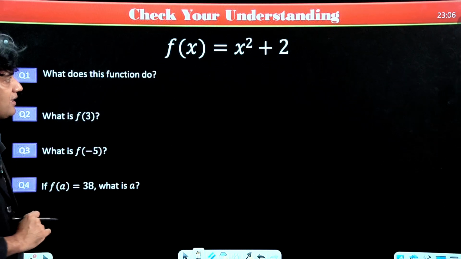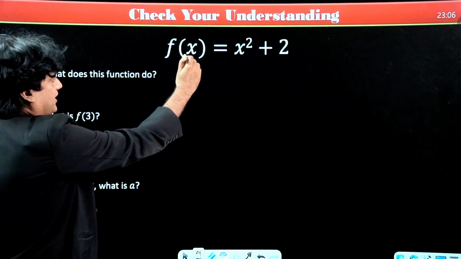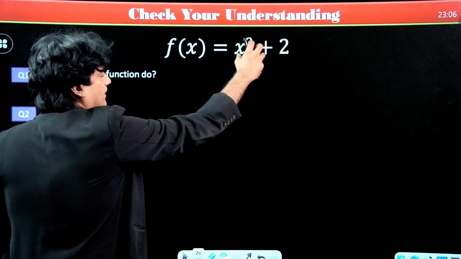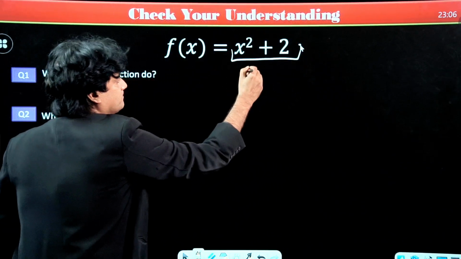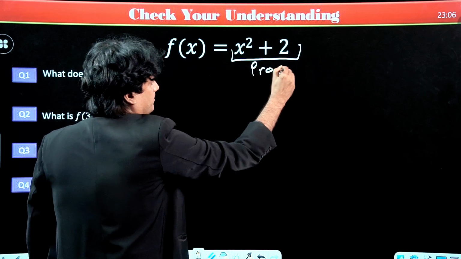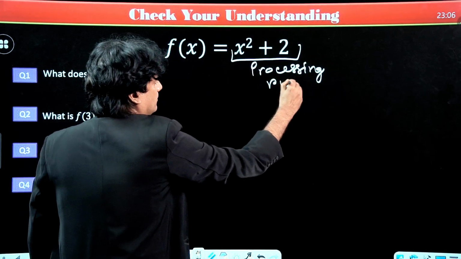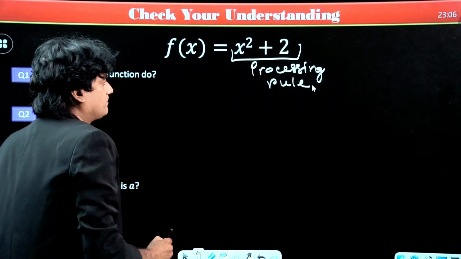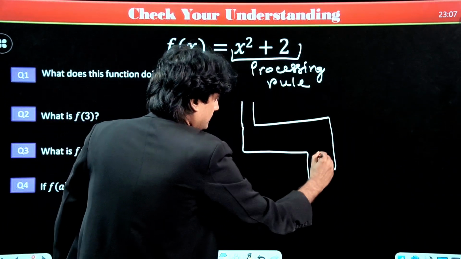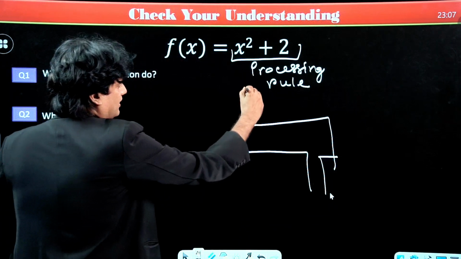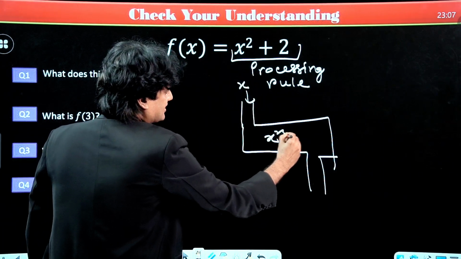Now let us do some examples. So this is the function. Here the input is x and the output will be generated from this one. This is the processing rule to generate output. Again I am drawing the machine here. The input will be x and the processing will be x squared plus 2.